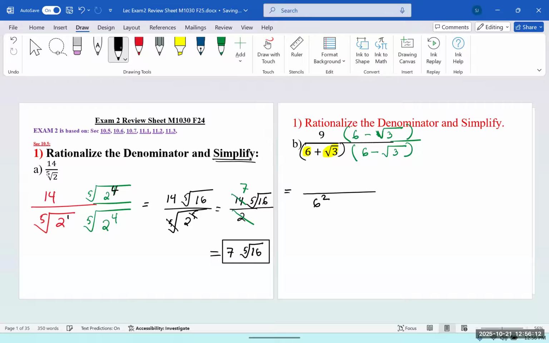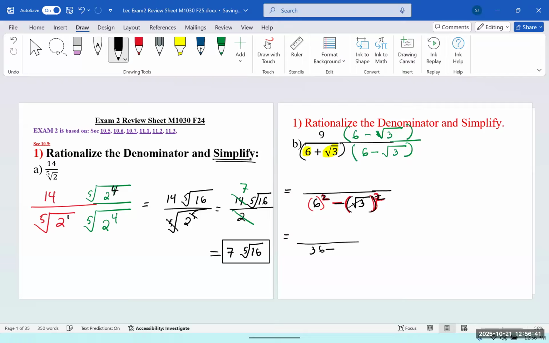6 squared minus square root of 3 squared. So basically we get the difference of their squares. That means we get 36 minus, what is square root of 3 squared?